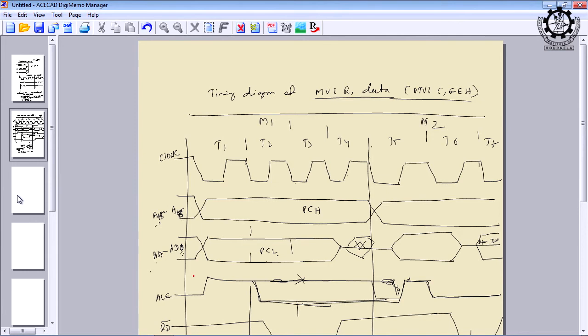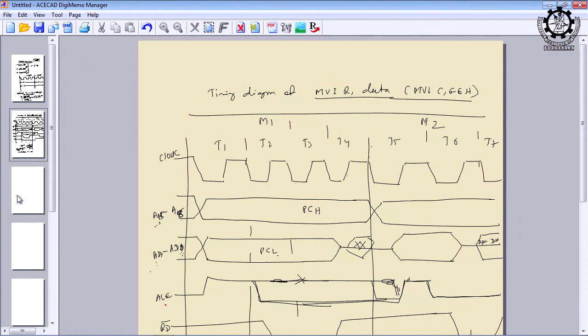And here the question comes: when AD0 to AD7 is carrying address and when it is carrying data, how to distinguish? Because during the same machine cycle, for a few clock periods it holds address and for a few clock periods it holds data. So, there is another signal, as I told you, ALE. ALE stands for address latch enable.